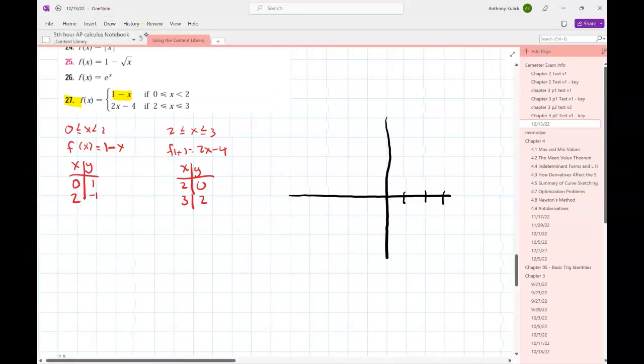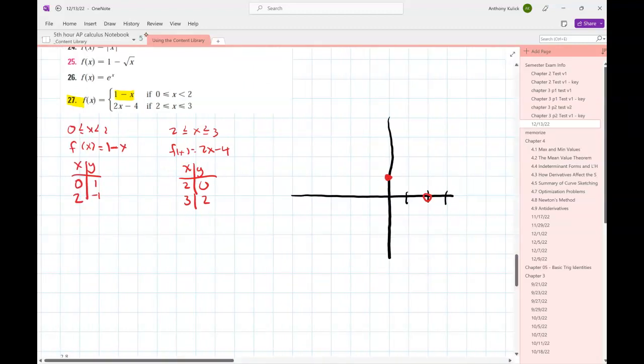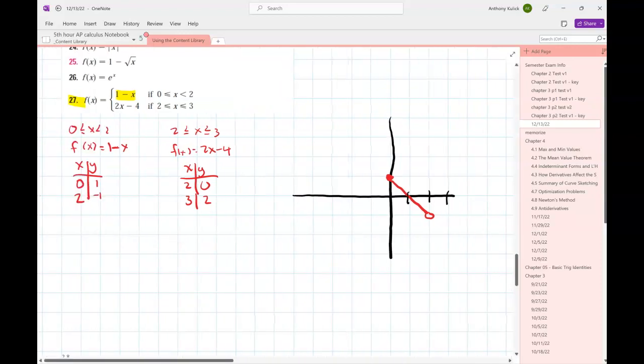Okay, so I have 0, 1, and then 2, negative 1, and I'm going to do an open circle there. Oops, 2, negative 1. So again, I know that needs a closed circle at 0 because it was less than or equal to, and I need an open circle at 2 because it's strictly less than 2.